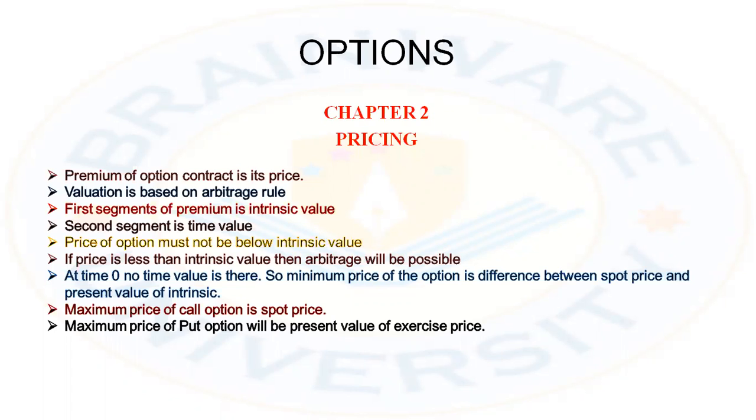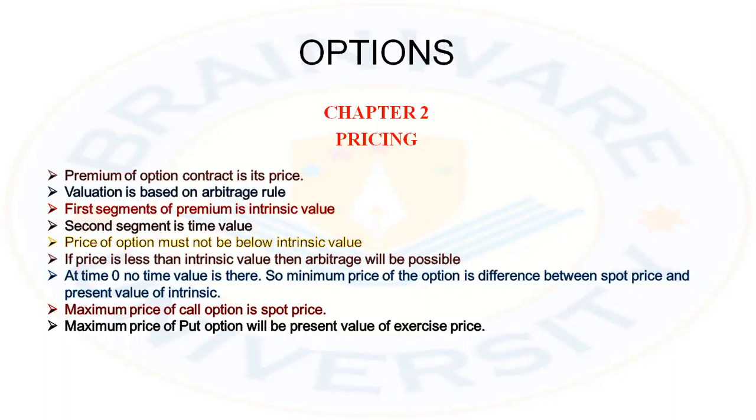Therefore, the counterparty, who is known as the writer, is at the mercy of the owner of the option. So, in order to compensate his risk, he will always take some money at the time of entering into the contract, which is called premium. And it is the price of the option that the buyer of the option has to pay.